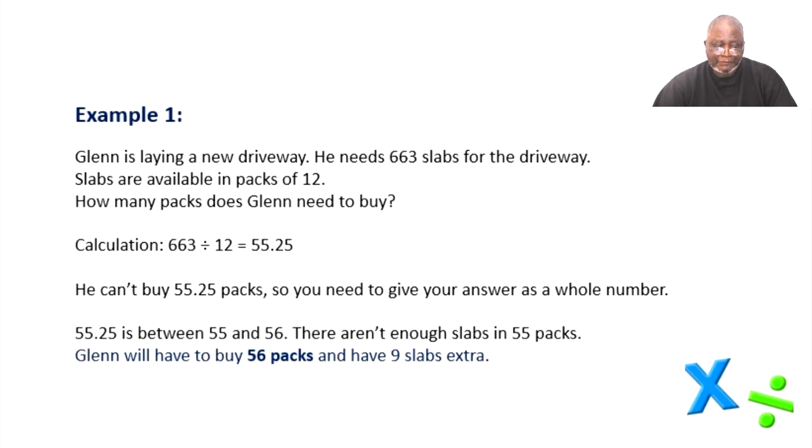But he cannot buy 55.25 packs. There aren't enough slabs in 55 packs. So Glenn will have to buy 56 packs. He'll have 9 slabs extra, but then he can keep that, and in case one of the slabs breaks, he can always replace it. That's what I do anyway.